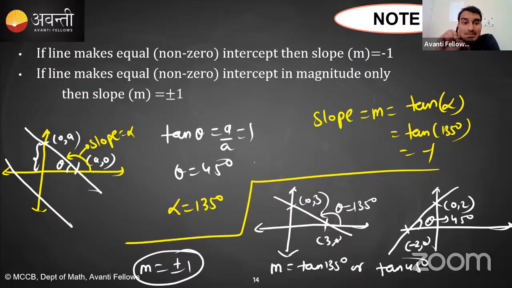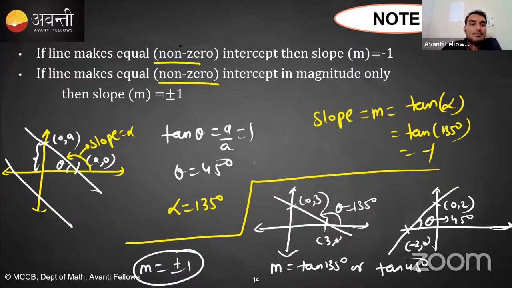But if line is making equal intercept, then slope is -1. And remember, we are talking about the non-zero intercept. Okay, non-zero intercepts. Clear? So it is defined that neither x nor y intercept, both are non-zero. Clear? So then we are talking about this.